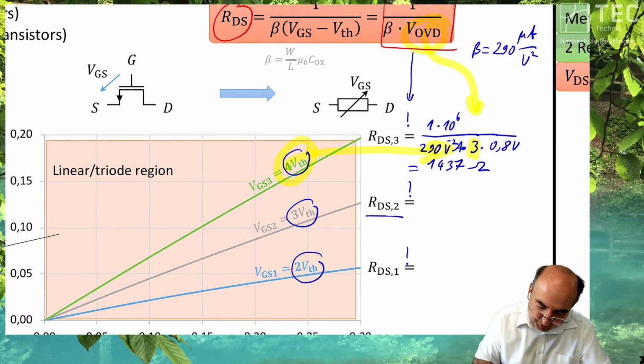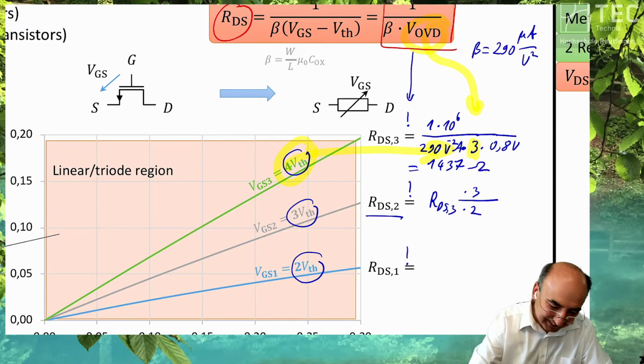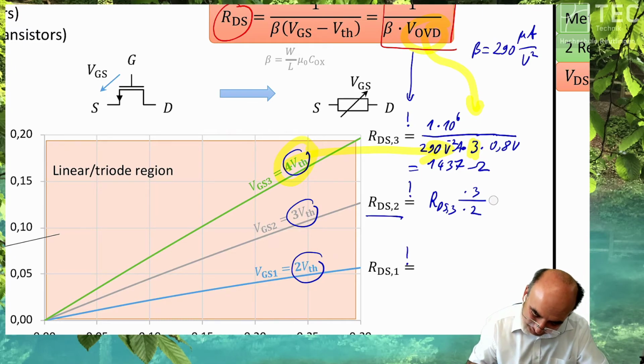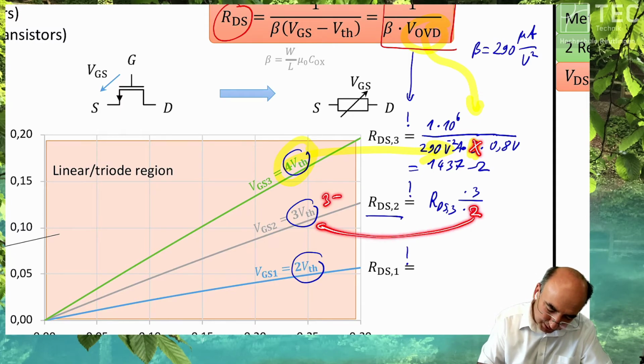And for this one, we need to calculate RDS3 times 3 divided by 2. Yeah, because we have to exchange this 3 by this 2, because this 2 is 3 minus 1.